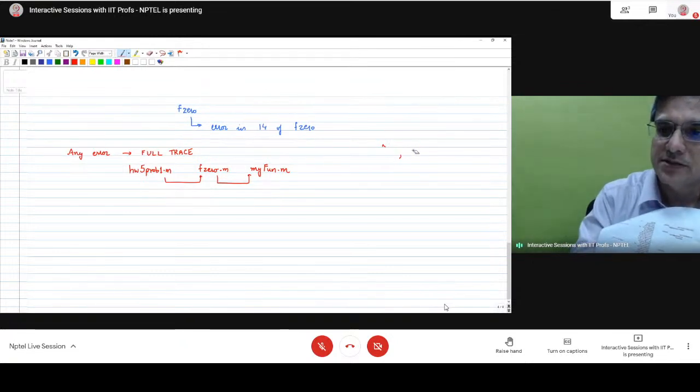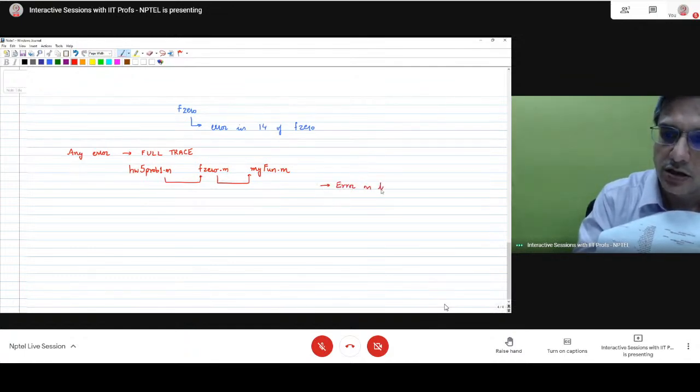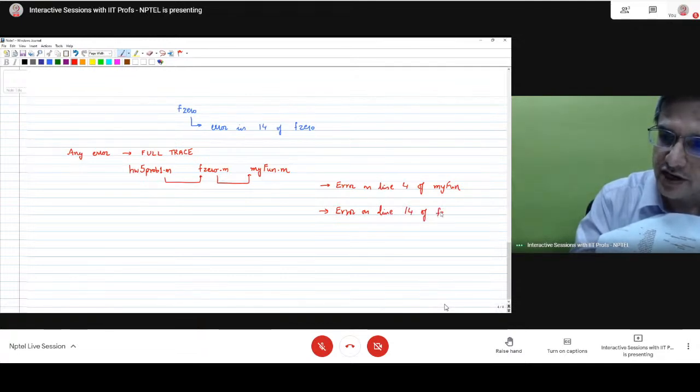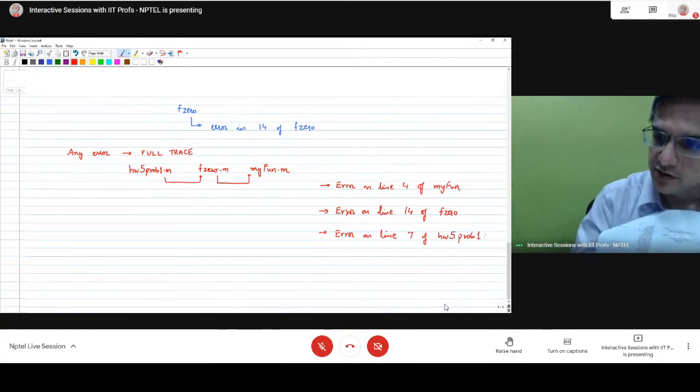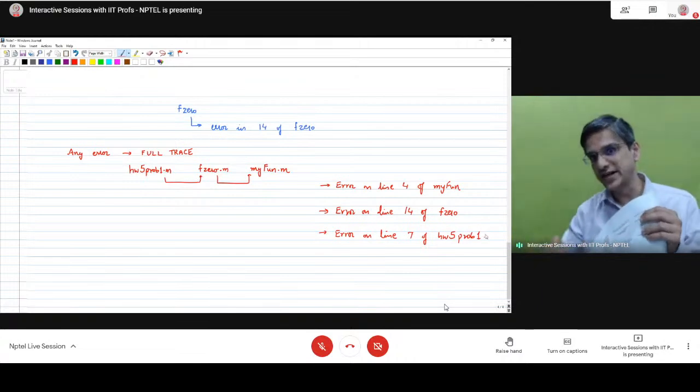What will MATLAB say? MATLAB will say error on line 4 of myfun. Then it will say error on line 14 of F0. Then it will say error on line 7 of HW5 prob 1.